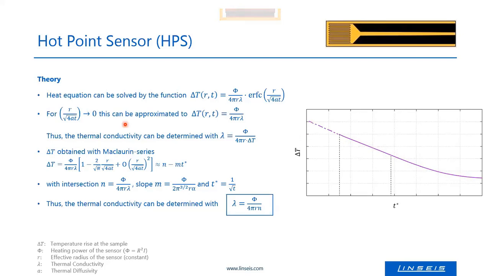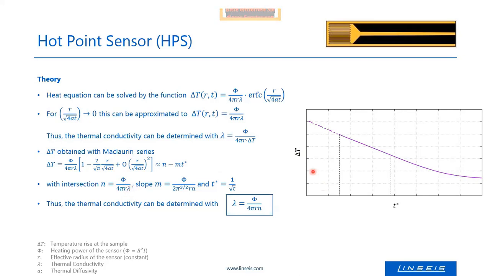And by theory, from the intercept of this curve with the y-axis, you get a delta t. And with that delta t, this is the intercept. This intercept, this delta t, is inversely proportional to lambda.